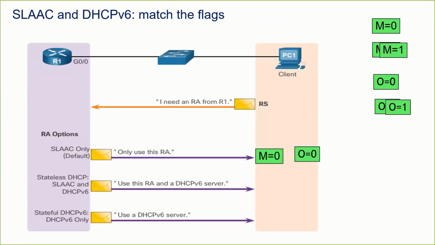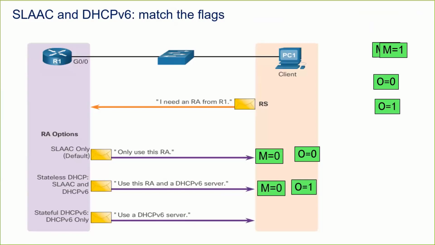Okay, now what about stateless DHCP, where I'm running SLAAC and DHCP? What will my M flag be? Yeah, so my M flag is off because remember, the DHCP server is not managing the IP address, but because I have a server on my network that has a job to do, I do need to turn the O flag on.